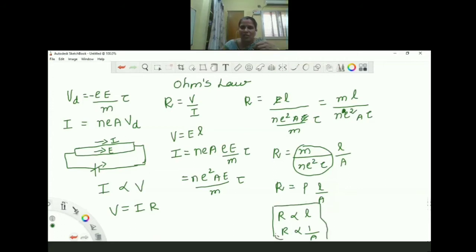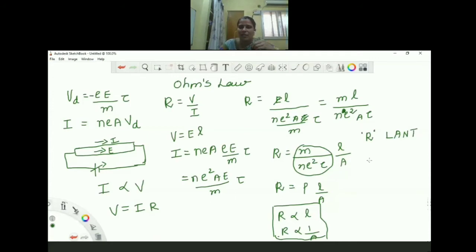Resistance depends on length, area of cross section, nature of the material, and temperature. So these are the factors on which resistance depends.